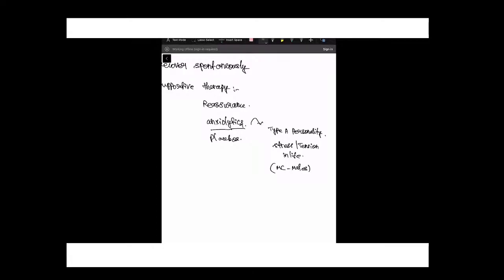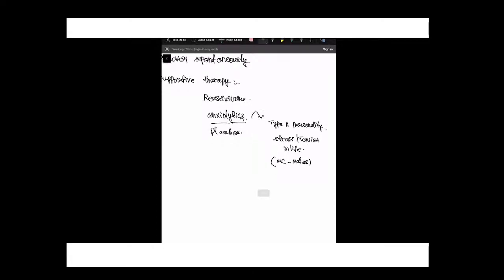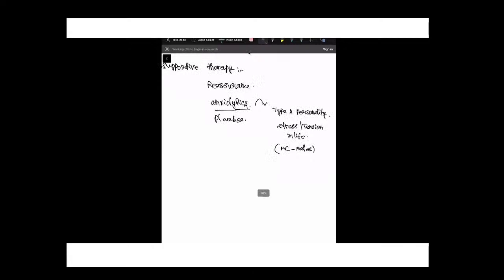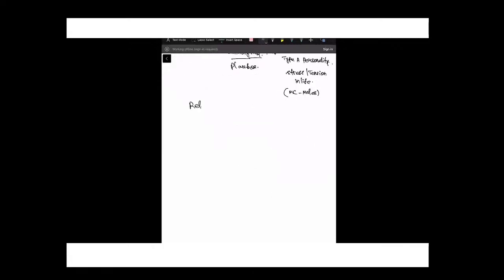Next we'll move on to a very important topic, retinitis pigmentosa. The risk factor is consanguineous marriage, as RP is a hereditary condition.